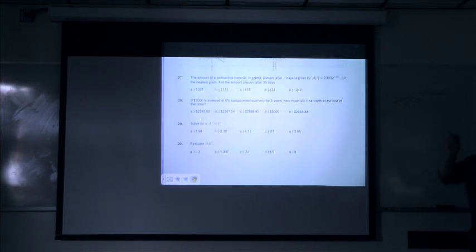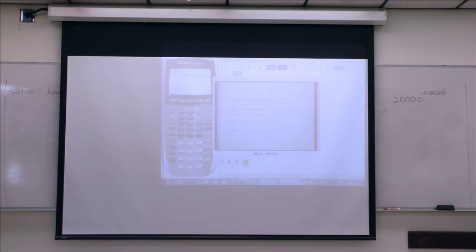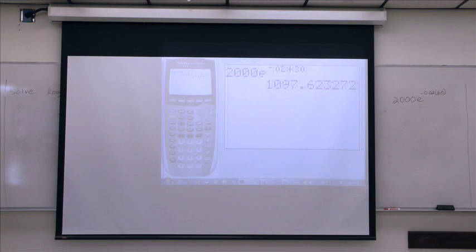Now what kind of calculator do you have? Okay, you have a graphing calculator. Depending on how updated your calculator is. Notice when I did mine, notice what the exponent looks like. Notice that my exponent looks like an exponent.